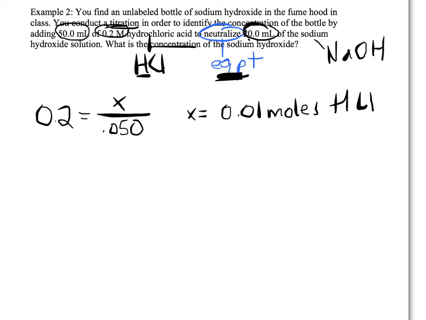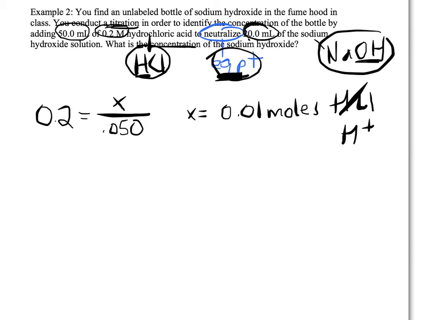Again, since this is a 1 ratio of hydrogen, there's 1 hydrogen ion for every molecule of HCl. This is also equal to the moles of H+, which at the equivalence point is equal to the moles of base. And since the ratio of hydroxide to sodium hydroxide is 1 to 1, because of the subscript 1 out here, this is also equal to the moles of OH-.